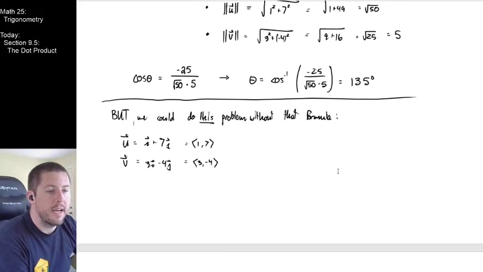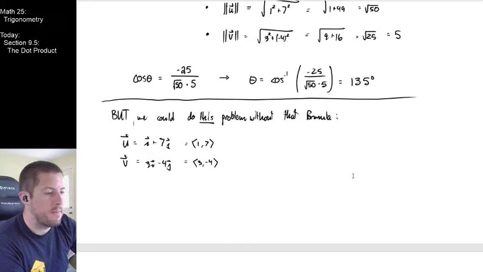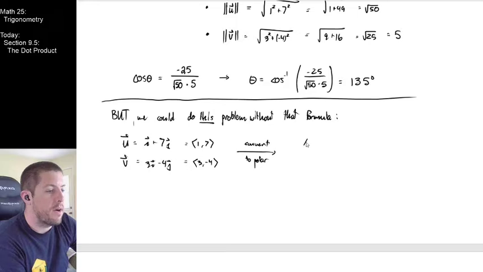So what I can do is just convert to polar, right? We know the formula that we can think of our theta as being the tangent inverse of the y component over the x component.